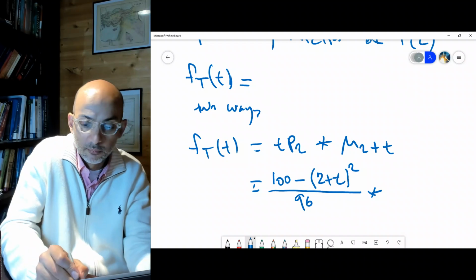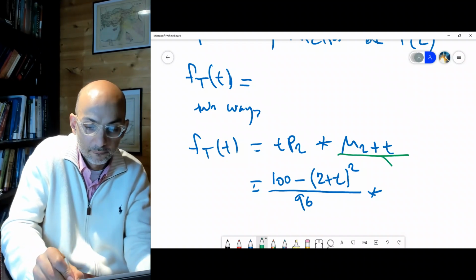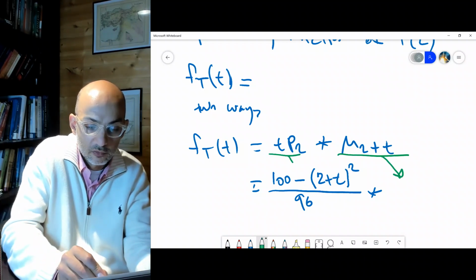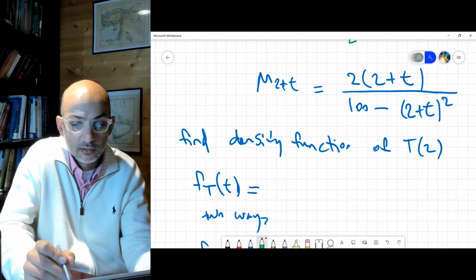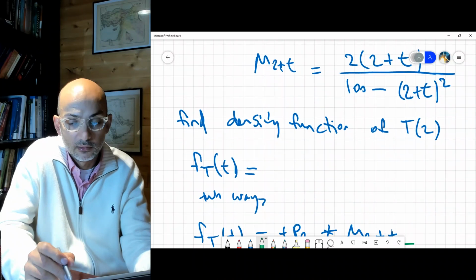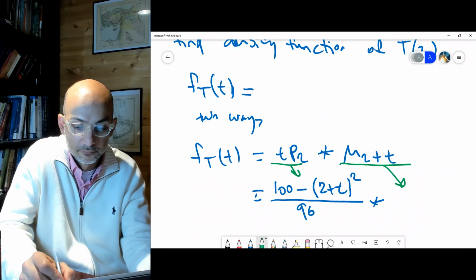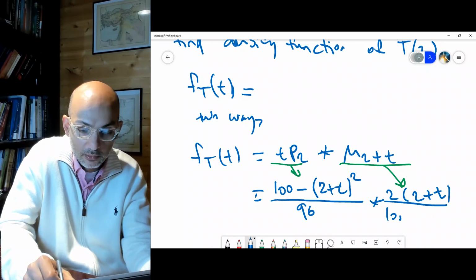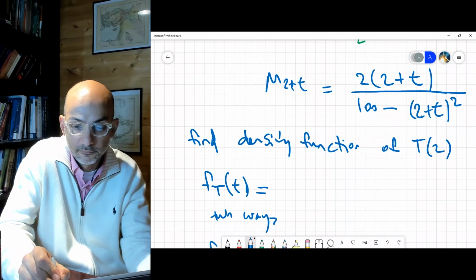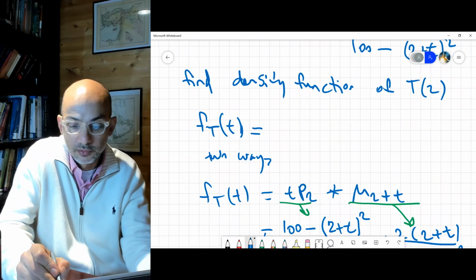Now we need to multiply it with this guy. We already computed it, just a second ago. Mu 2 plus t, so 2 plus t divided by 100 minus 2 plus t squared. I think if I got it right, yeah. 2 plus t squared, right?